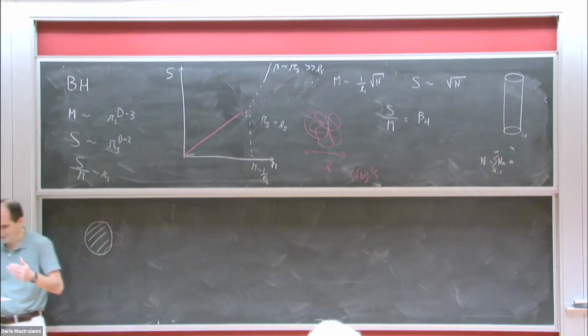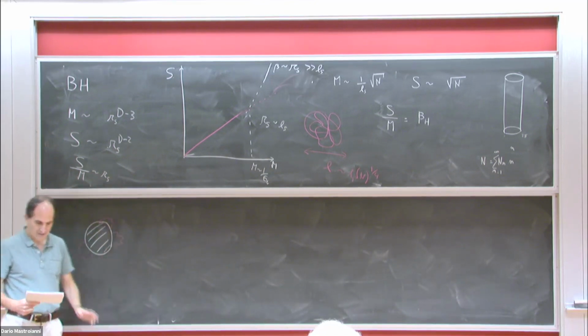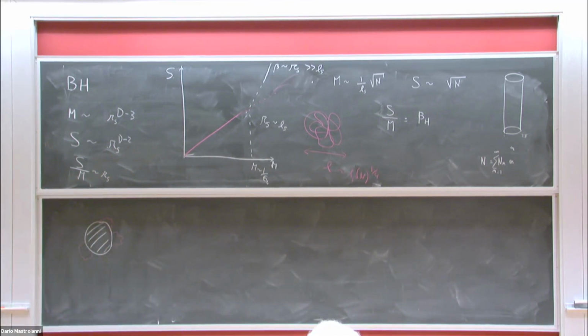So this is all very qualitative, but it suggests that there might be some kind of transition like this, and the question is whether there is, and why do we care?